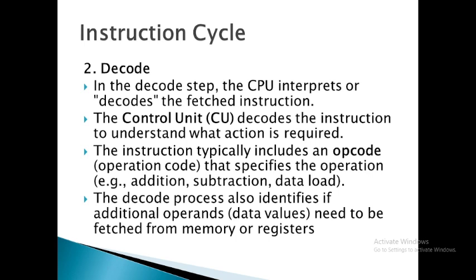The control unit decodes the instruction to understand what action is required. Is it addition? Is it subtraction? Is it a logic instruction? So the control unit decodes that instruction to understand what action is required.